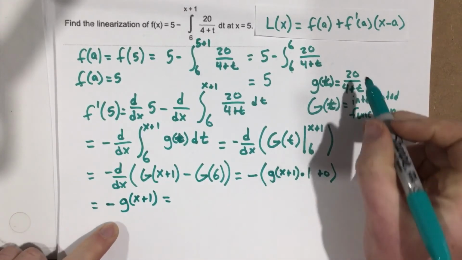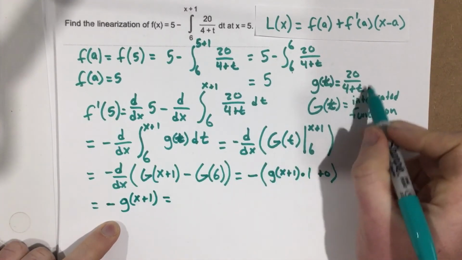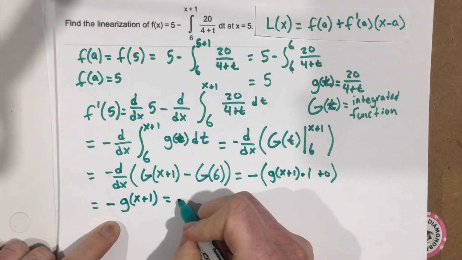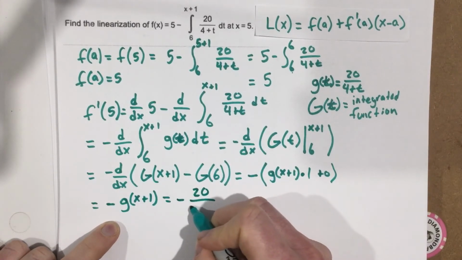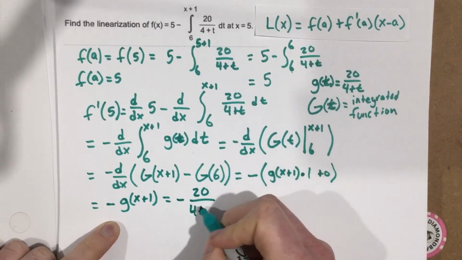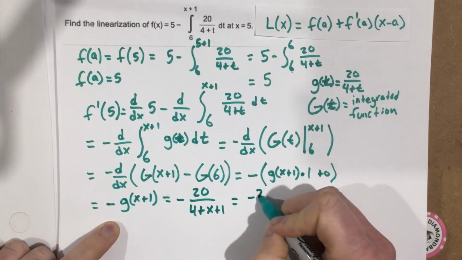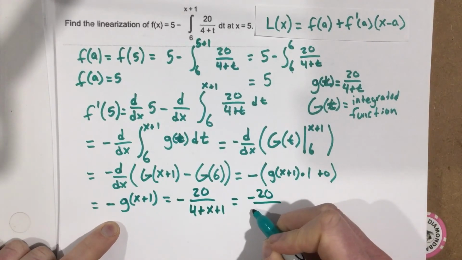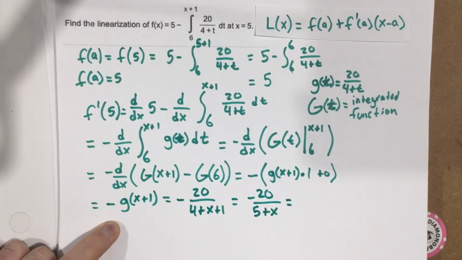Now I can actually evaluate that negative g of x plus 1. Well, the g function is 20 over 4 plus t, so if I plug in x plus 1 into this, I end up with negative 20 over 4 plus, and I replace the t with the x plus 1. So that really gives me negative 20 over 5 plus x. So now I can evaluate this.